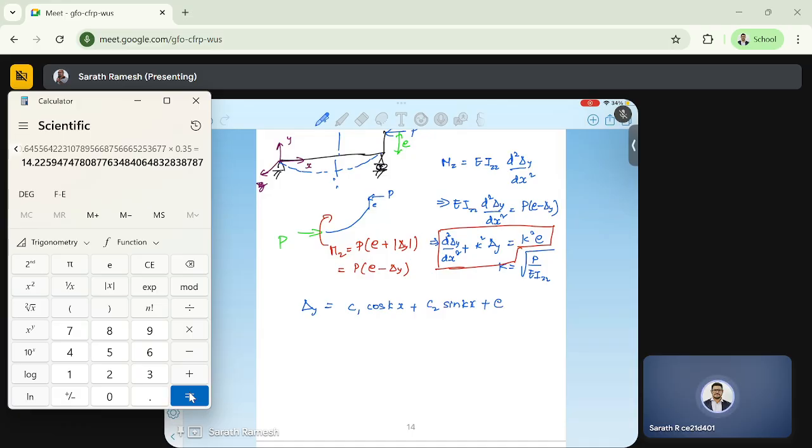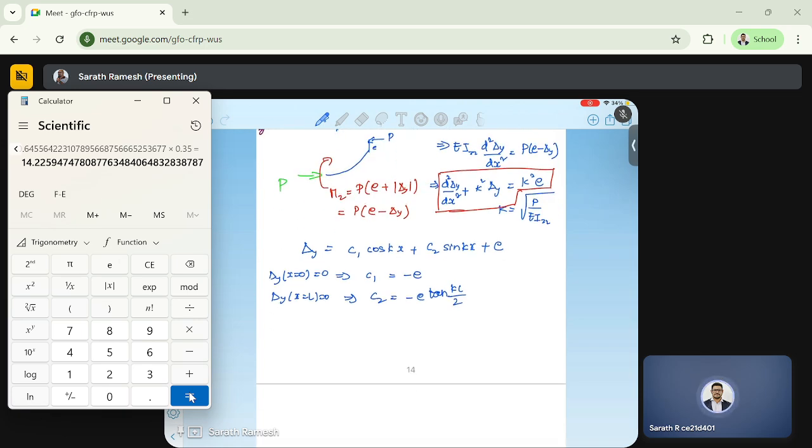Now if we apply a boundary condition, delta y at x equal to 0, we get c1 to be minus e, and delta y at x equal to L equal to 0, we will get finally minus e tan KL by 2. I'm just writing the final result.